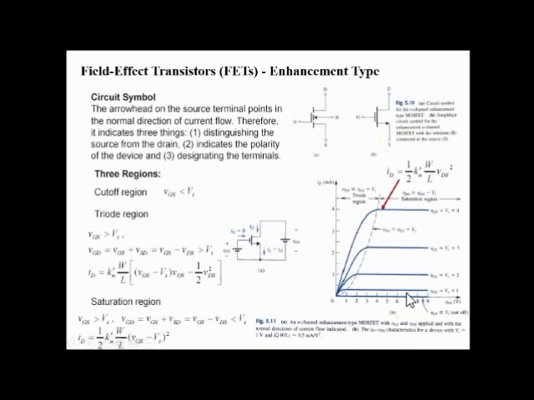Now at the triode region, this VGS is greater than VT, or the threshold voltage. So a little bit it starts conducting.